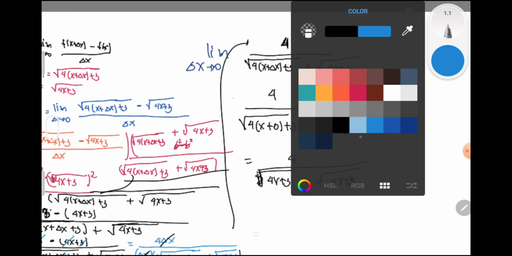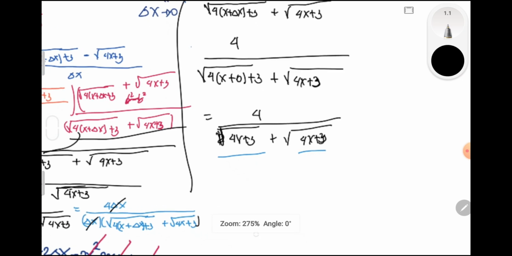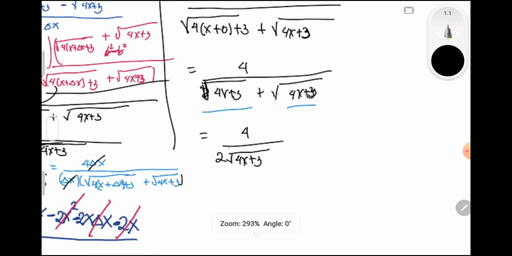Notice that these are the same, so therefore we'll have a value equal to 4 divided by 2 multiplied by the square root of 4x plus 3. So therefore, 4 divided by 2 is equal to 2, which gives 2 divided by the square root of 4x plus 3.